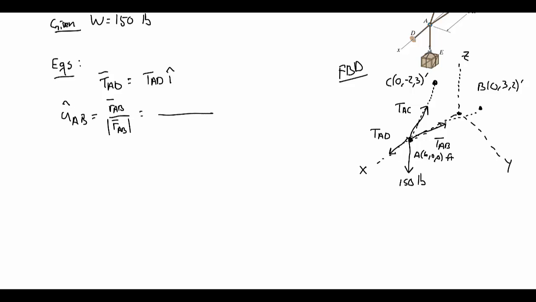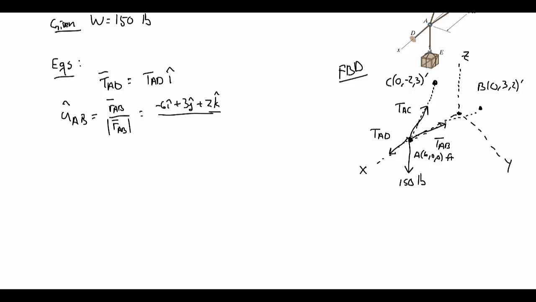RAB is going to be the end point minus the start point, so B minus A for each of my components. So 0 minus 6 is negative 6i, 3 minus 0 is plus 3j, and 2 minus 0 is plus 2k. And I need to divide by its magnitude.